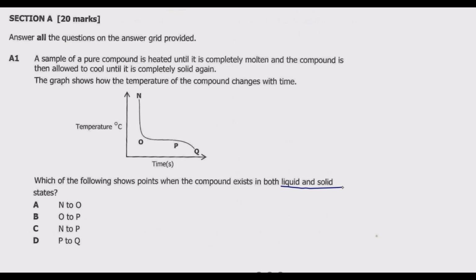When it is completely molten, this is the liquid state. So from N to O, this will be the liquid state just after finishing heating it. Then this part will be in the solid state.